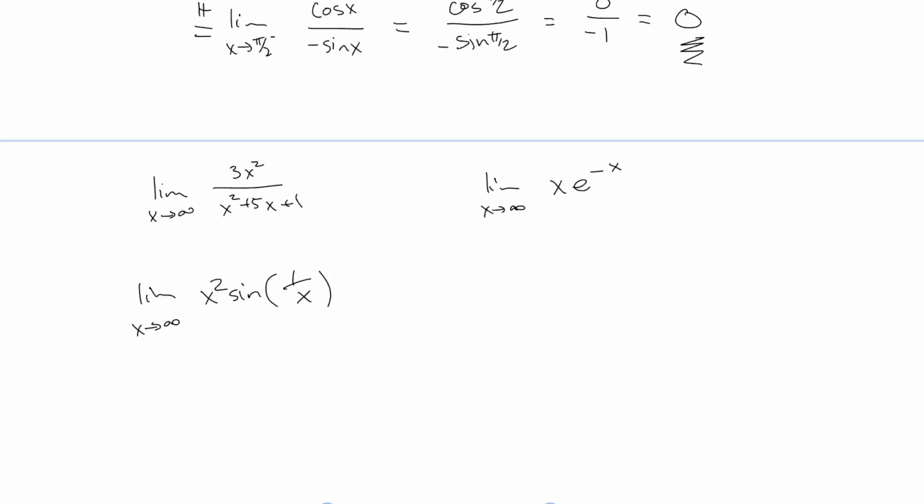Where am I supposed to go? Yeah, so because you get infinity over infinity, that means you should be able to do L'Hopital's rule again. This right here is not wrong. It was a better way to study this. You decided to keep the e on top and send this to the bottom.